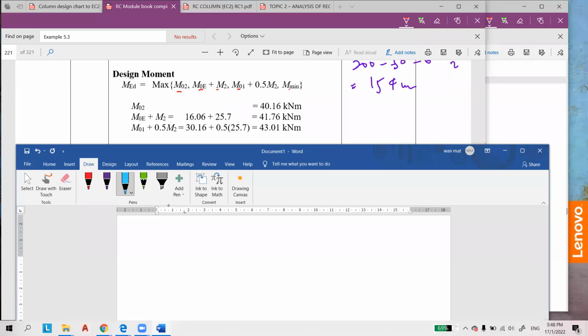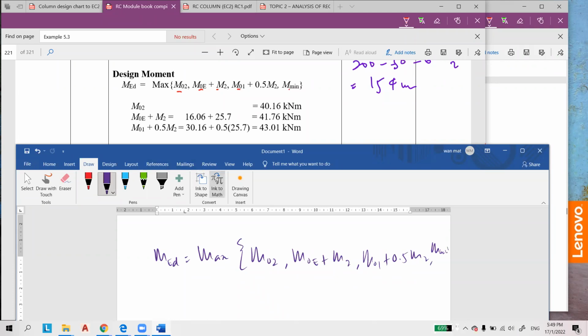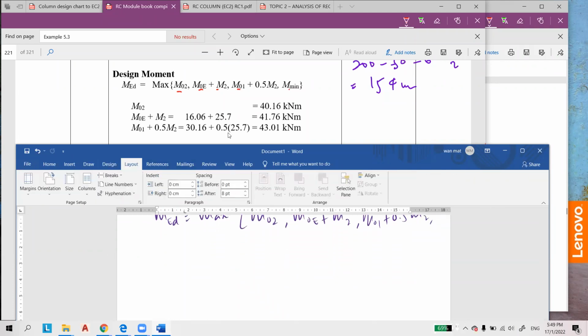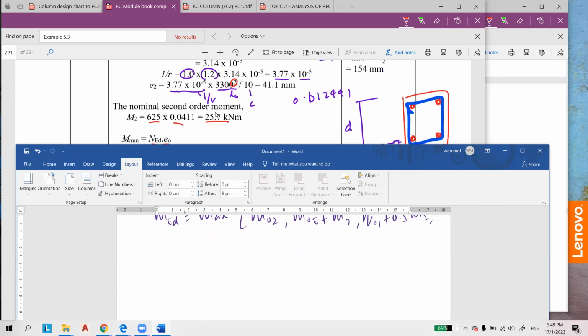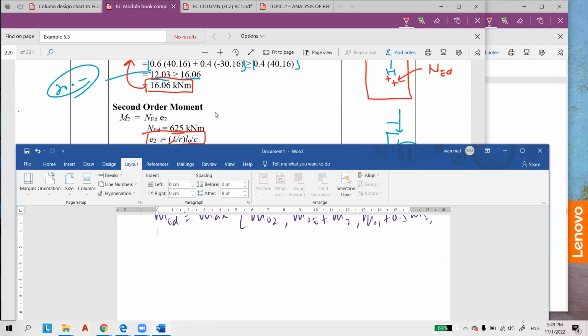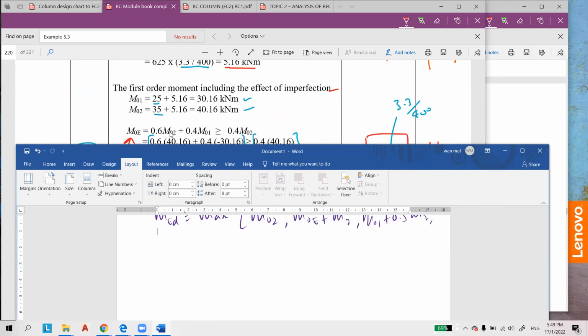So MEd is equal to the maximum between the M02, M0E plus M2, M01 plus 0.5 M2, and the M minimum. So the M02 is equal to, just now we got here, M02 is here, this one, 40.16.